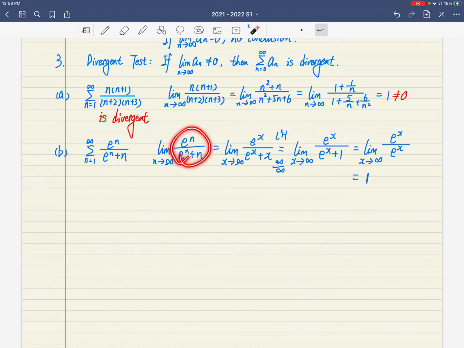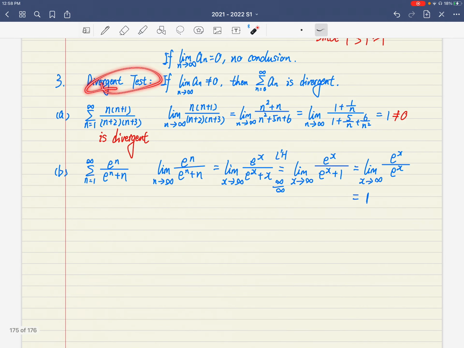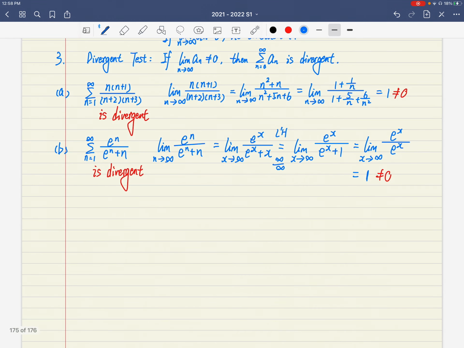But for the series, by the divergence test, if the sequence limit is not 0, then the series must be divergent. That's part B.